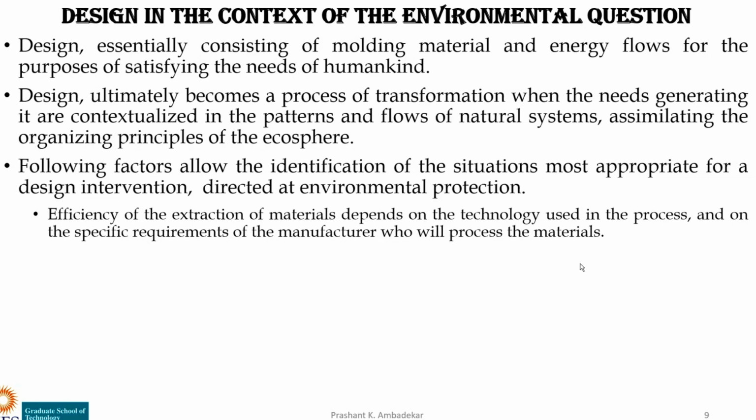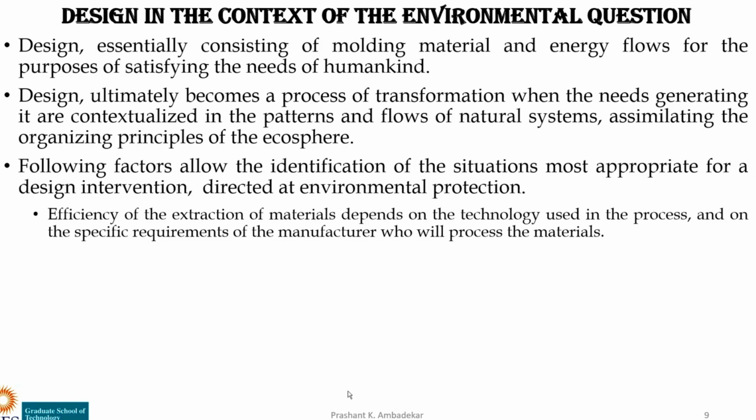Now, how do we extract the material? We extract the material from the mines, or we extract the material from the industry. Maybe if it is a secondary or tertiary industry, it is taking the material from the earlier industry. So based on which technology are we extracting the material? Can that be changed?